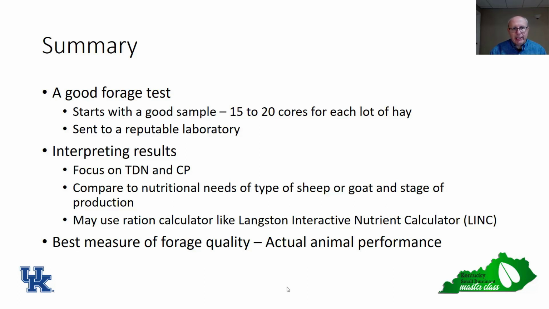And I've already said that TDN, in my opinion, is the most important value on the report, and crude protein, and compare those values, which are calculated, to the nutrient needs of the sheep or goat that you're trying to feed, and their stage of production. And we may use a ration calculator like the one from Langston University, abbreviated LINC. And remember, the best measure of forage quality is actual animal performance.